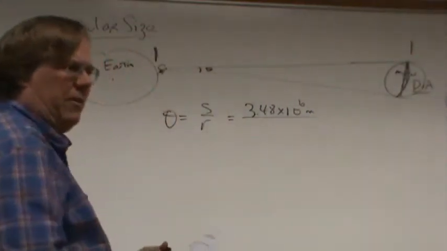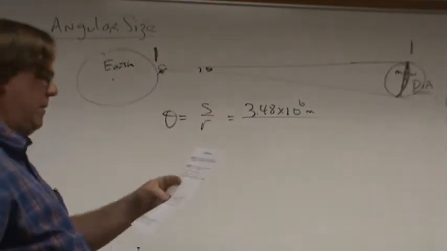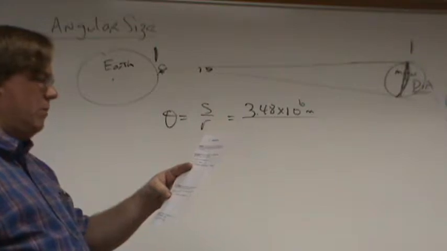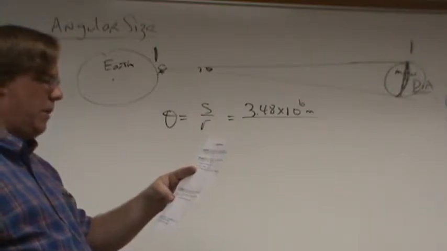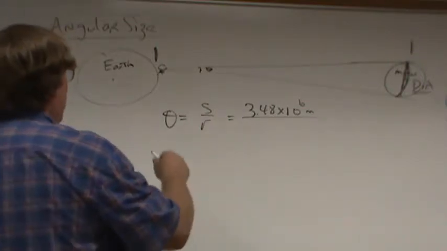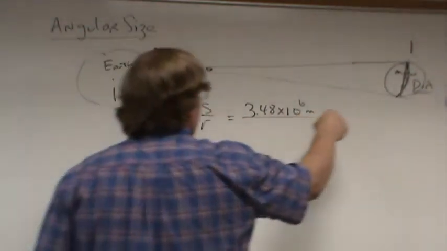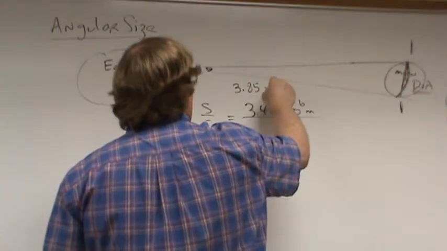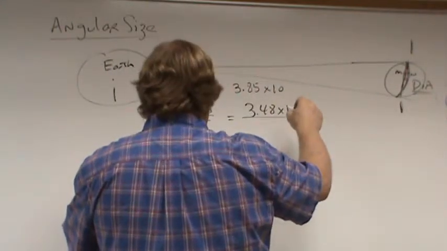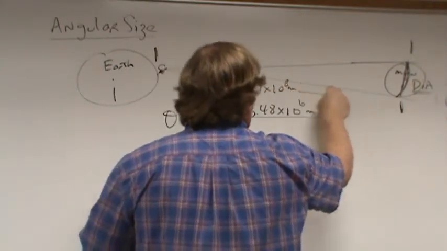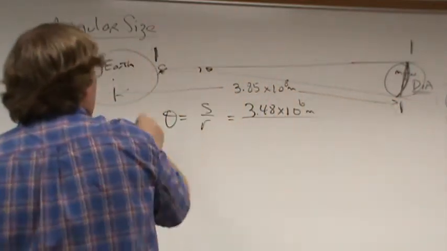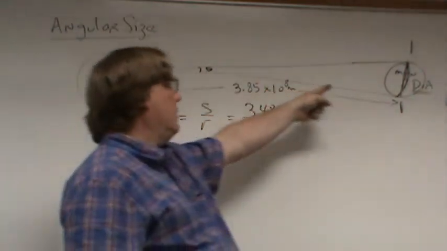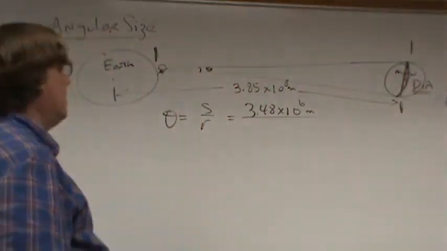Okay. All right, here's a weird thing. They tell me that the distance between the moon and the Earth is 3.85 times 10 to the 8th meters. That's the distance between the centers of mass. But the problem is that's not the distance between the dude and the center of the moon.